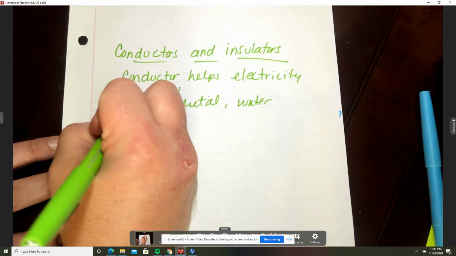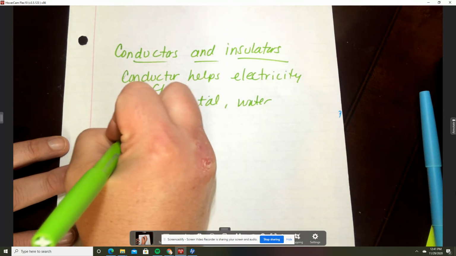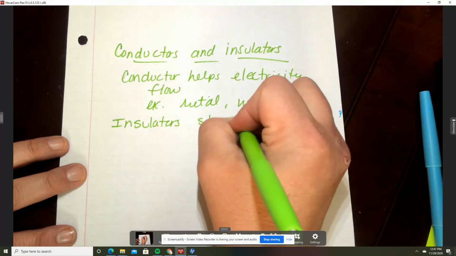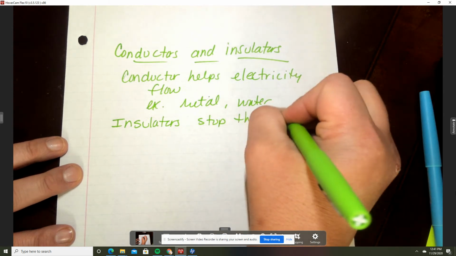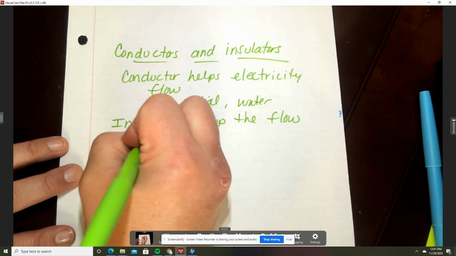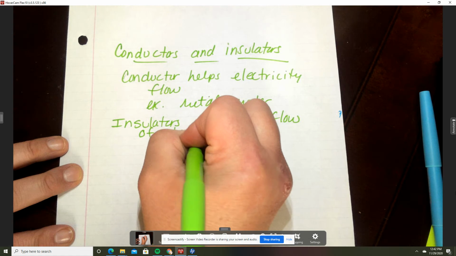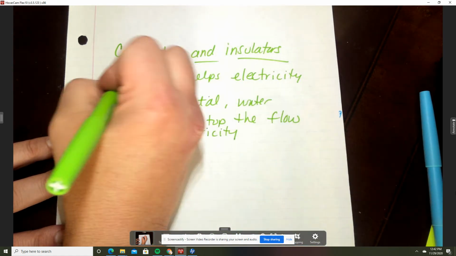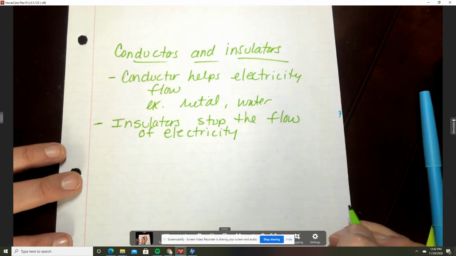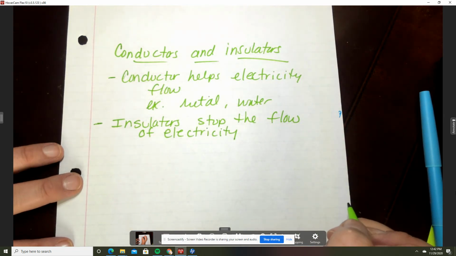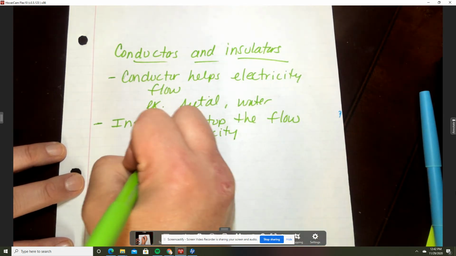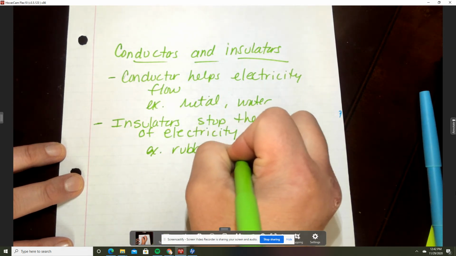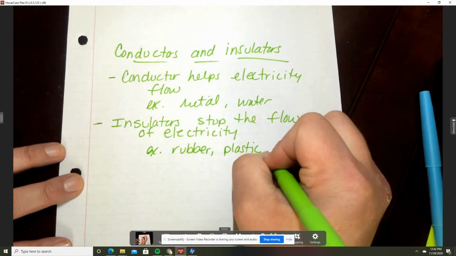But then insulators stop the flow. And these are things like rubber, like I said, that's on the wires, plastic, and wood.